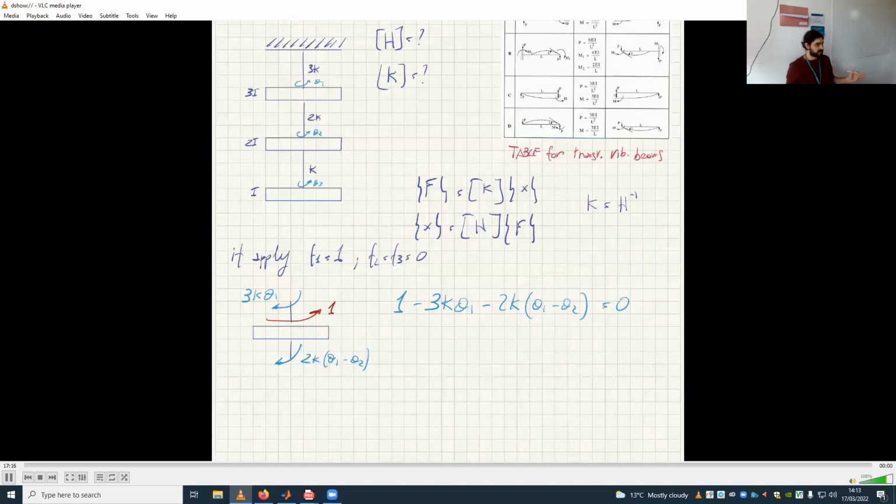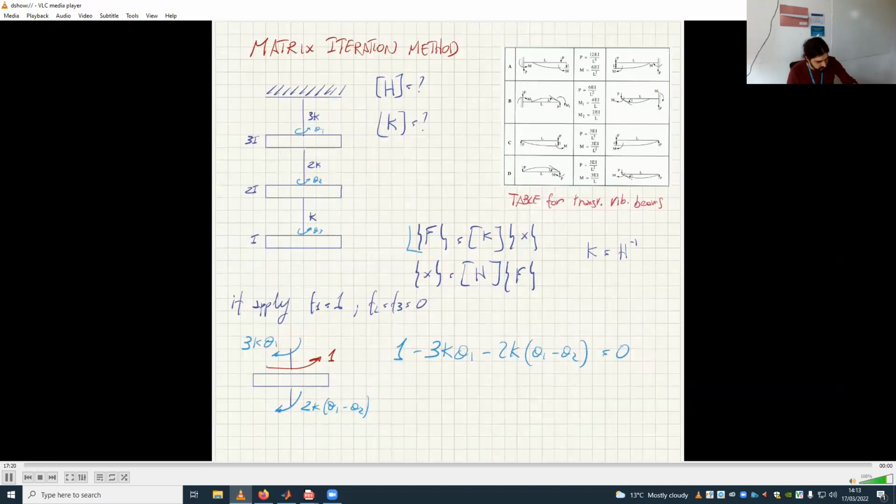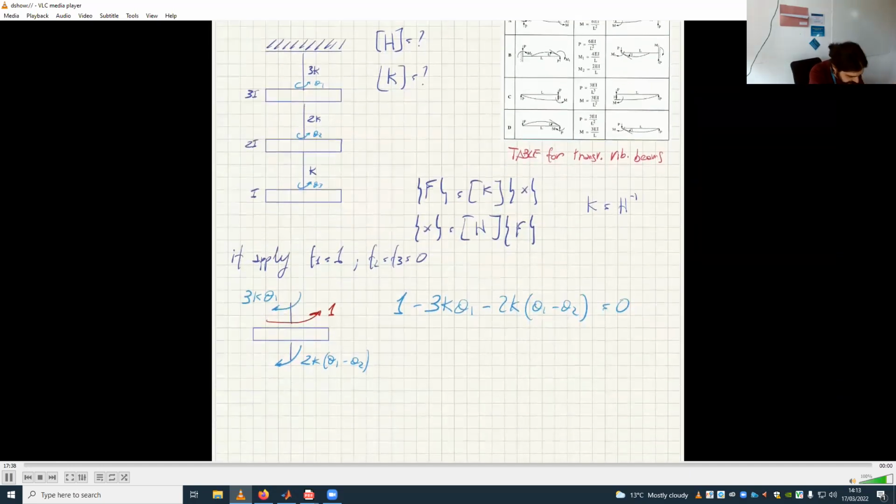We're not talking about dynamics here. We are just using the statics equation, force and displacement. The displacements are θ1, θ2, and the force is 1. In this case, we're talking about angular displacements and rotational forces, which are moments, effectively.